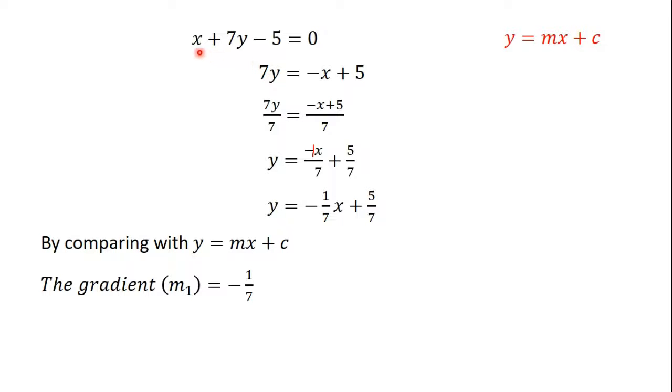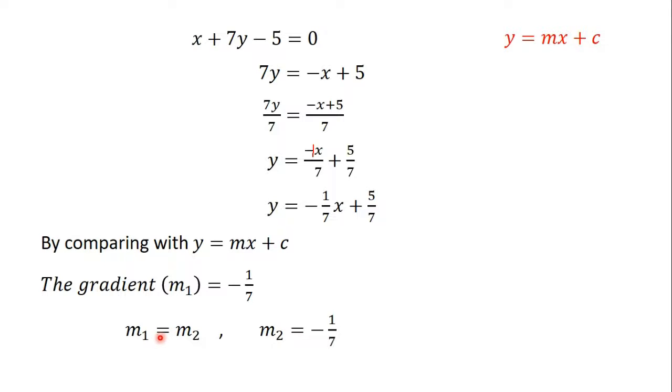So the gradient of the line x + 7y - 5 = 0 is -1/7. We represented the gradient of this line with m1, so m1 is equal to -1/7. But remember that we also represented the gradient of the line passing through the point (3, -2) with m2, and we saw that m1 and m2 are equal.